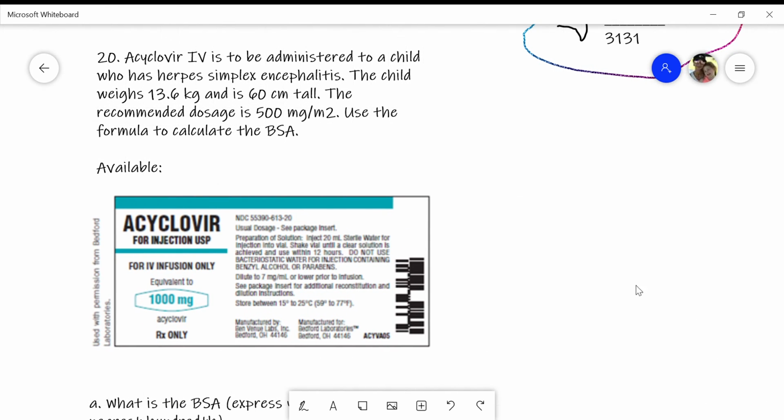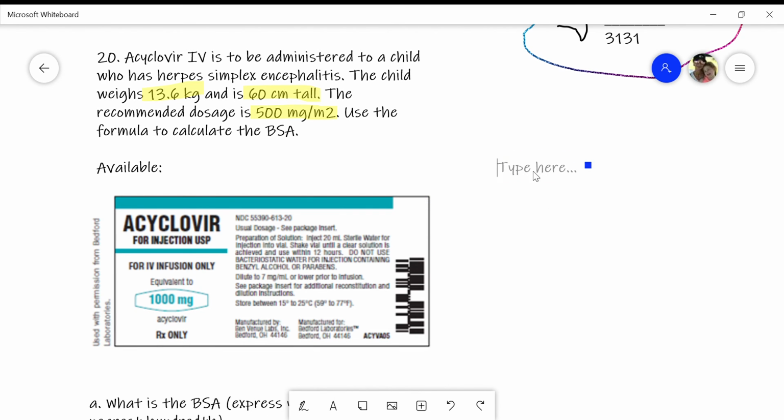So, number 20: acyclovir IV is going to be administered to a child. The child weighs 13.6 kilograms, is 60 centimeters tall, and the recommended dosage is 500 milligrams per meter squared. So they want us to do the same thing just like the last one.